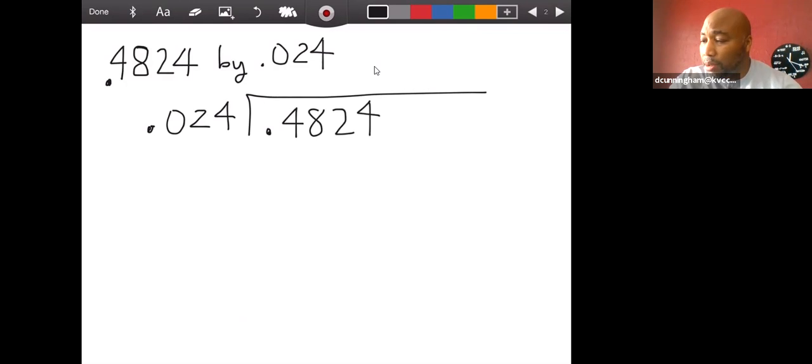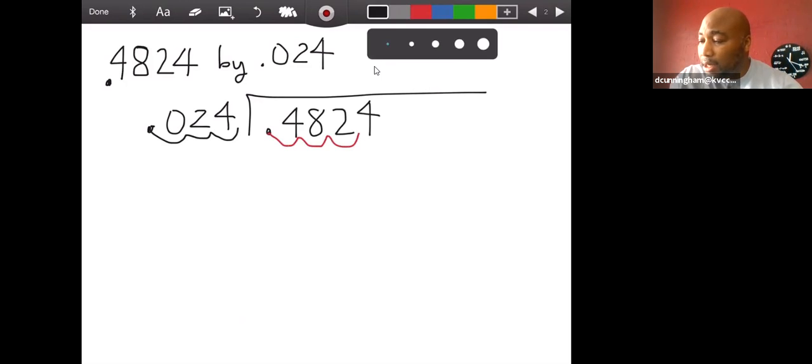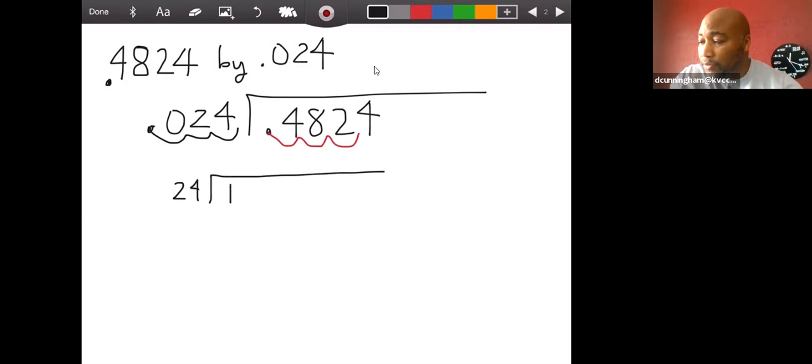For that to be a whole number, we got to move it 3 decimal places. Again, if I move it 3 here, I got to move it 3 here. So what we'll be looking at, we'll be dividing the 24, how many times it goes into 482.4.